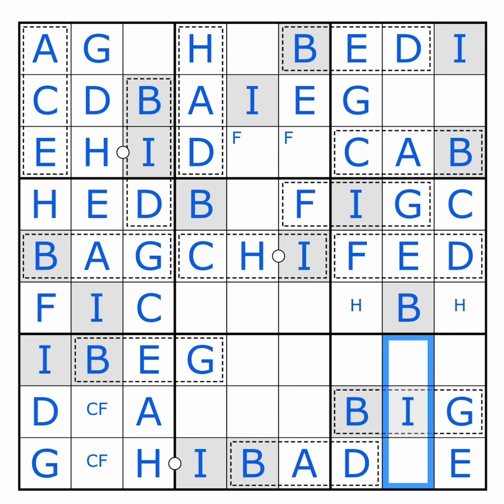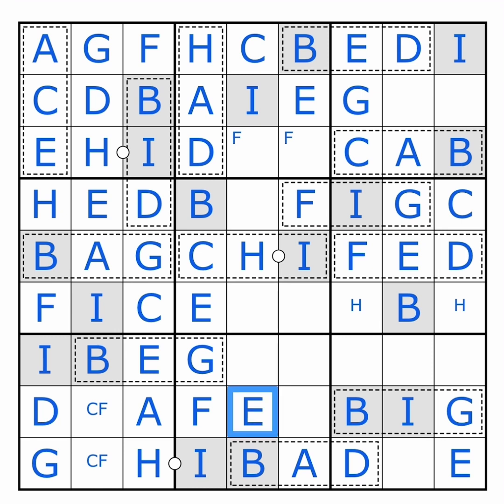C somewhere down there. C up there. Last letter in the column and row, F. Last two in the column are E and F. F is in that box. F is down here. The E is there.